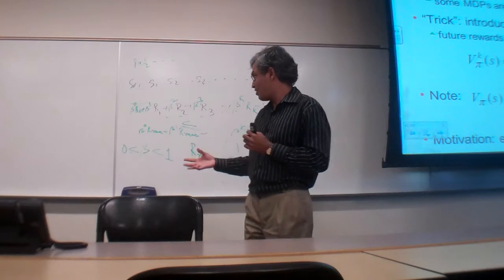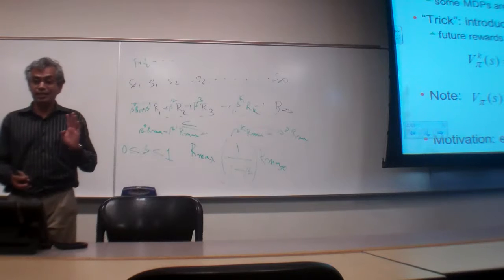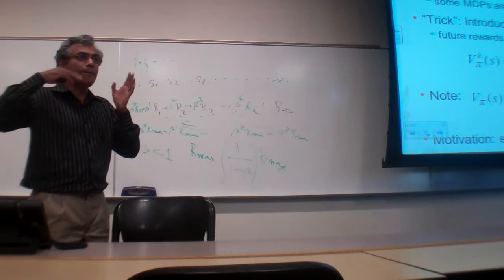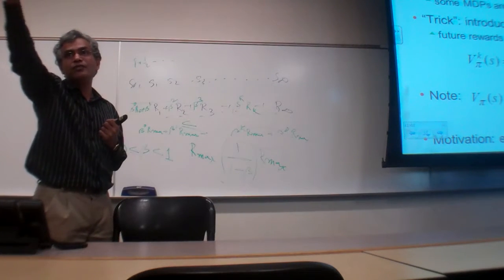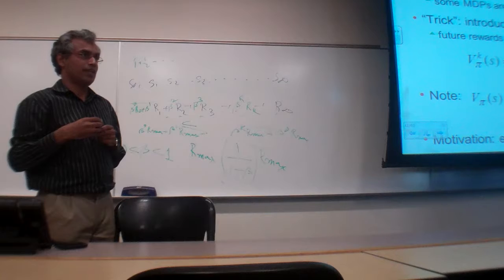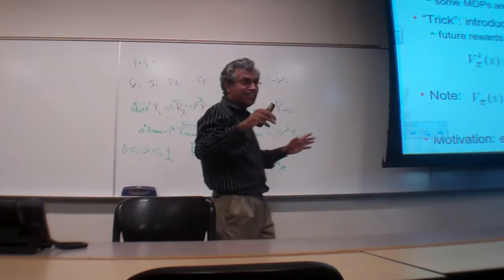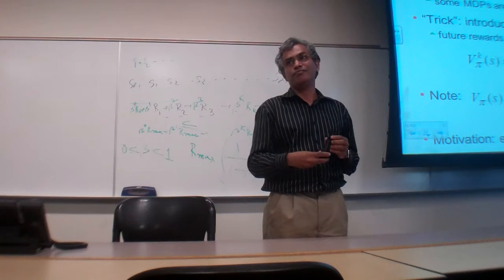So one way of making sense of the beta, this is only a rationalization, is that the higher the beta, the more weight you are giving to the future rewards with respect to the current time. And you are likely to do that if you think the world is likely to continue in the current dynamics.